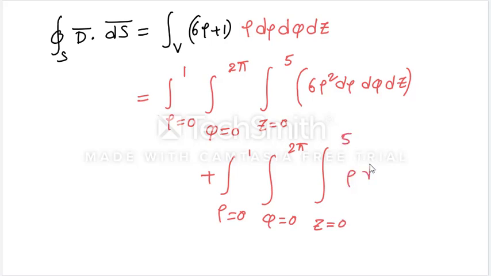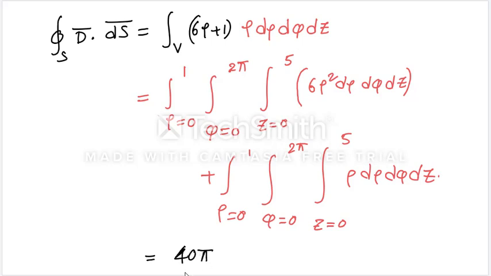This is rho d phi dz, and simplifying, we get this answer. How much will you get? 40 pi. The final answer is 40 pi.